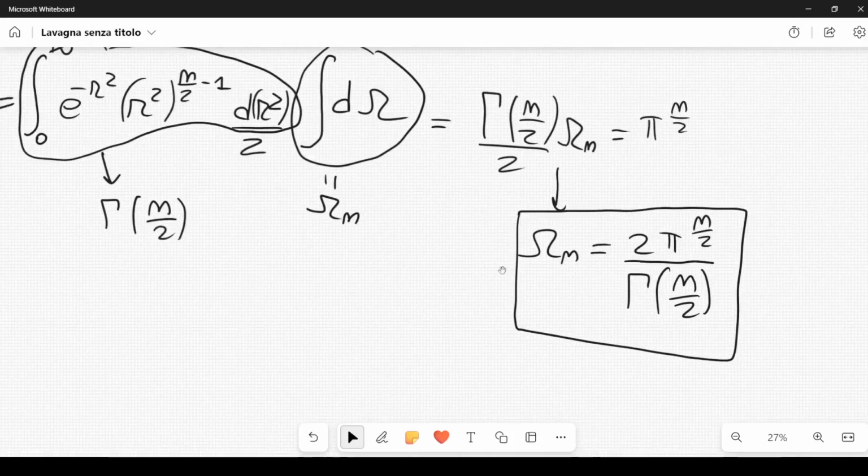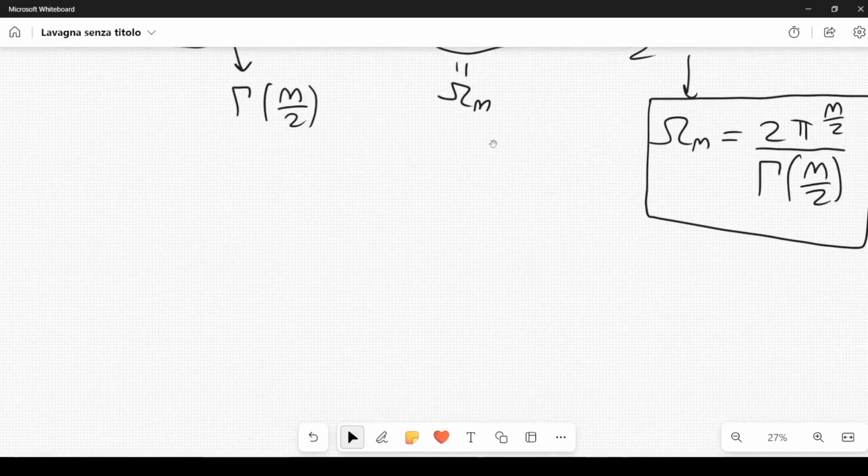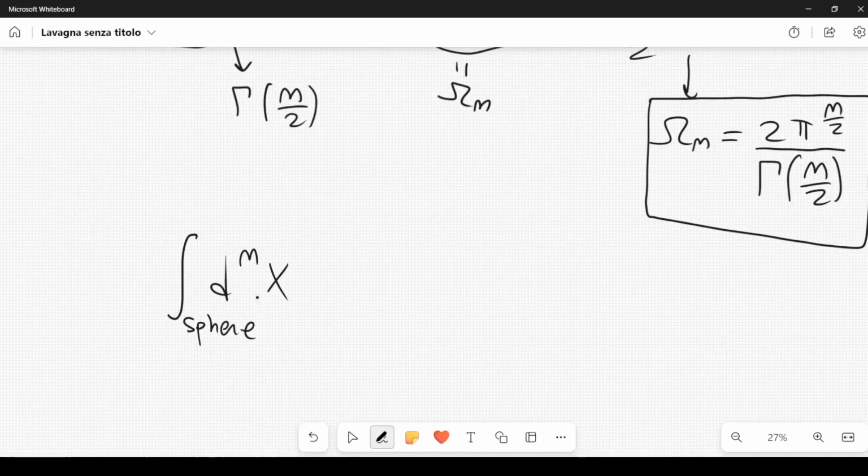Now, what is the expression for the volume of the sphere? The volume of the sphere can be simply written in the following fashion. So we have to integrate d^n x over the sphere, right? And we assume that the radius of the sphere is a capital R. So we know that the variables x1 squared plus x2 squared plus dot dot dot plus xn squared will have to be equal to capital R squared when we consider the equation for the sphere.